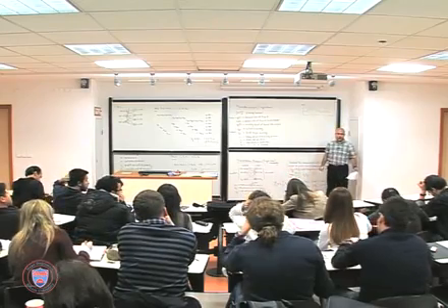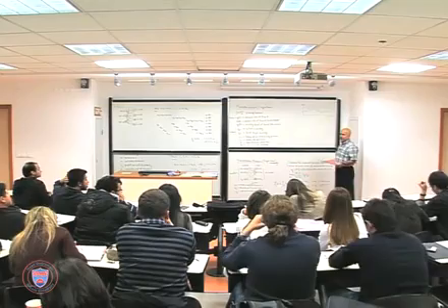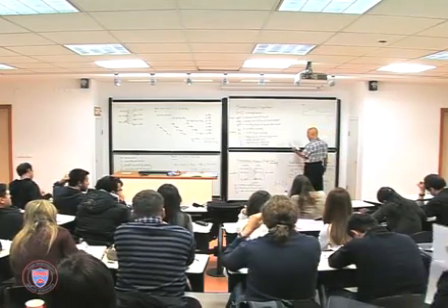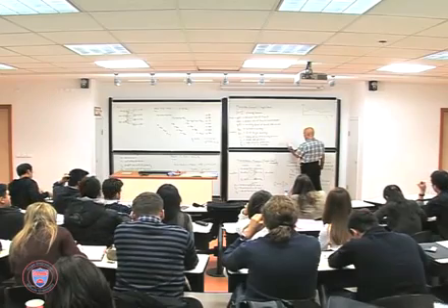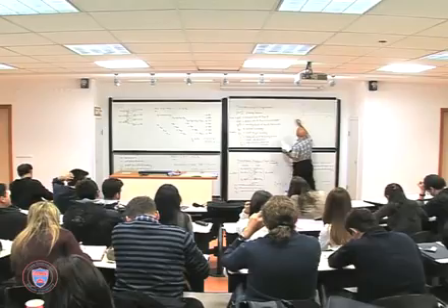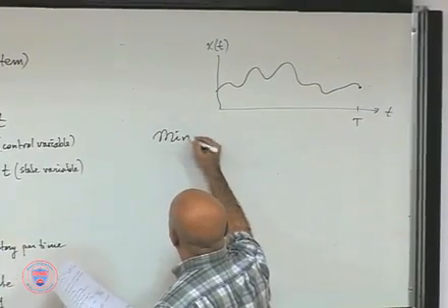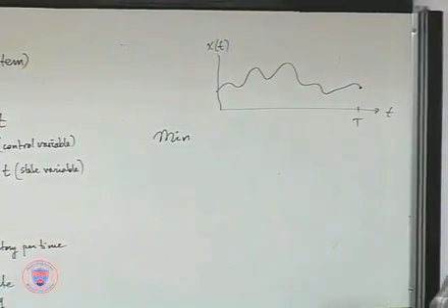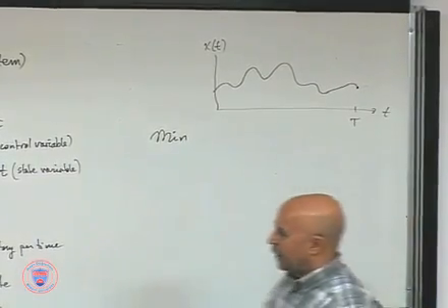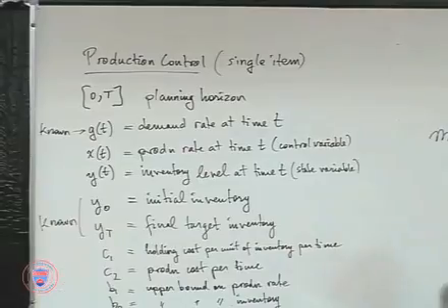This is your production, some kind of a function. We don't know what it is going to be. Nevertheless, this is what you would get. And when you want to minimize, the cost will consist of the holding cost plus the production cost.